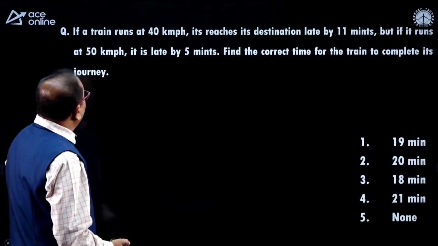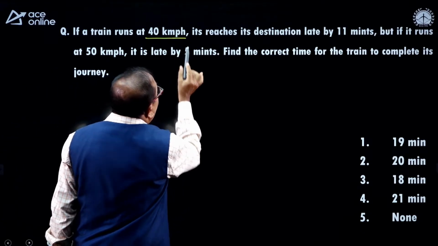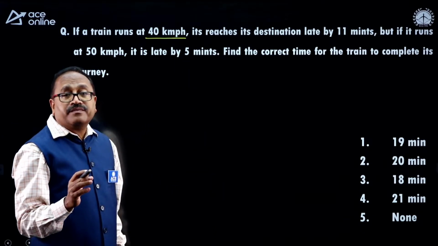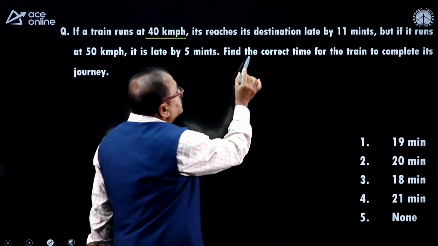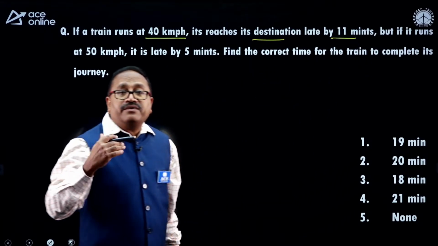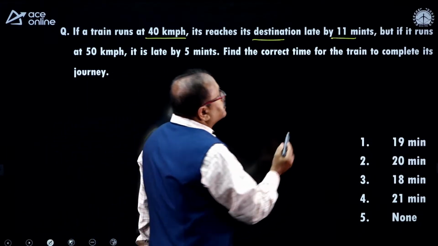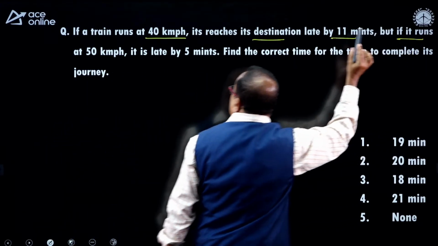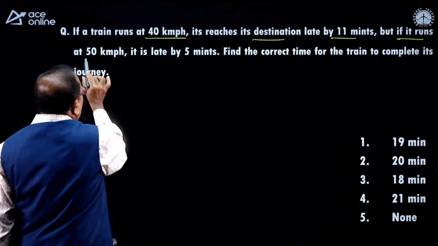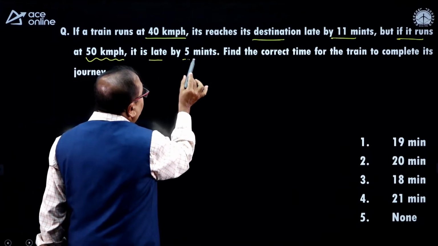It is on the board. If a train runs at 40 km per hour, it reaches its destination 11 minutes late. But if it runs at a speed of 50 km per hour, it is late by 5 minutes.